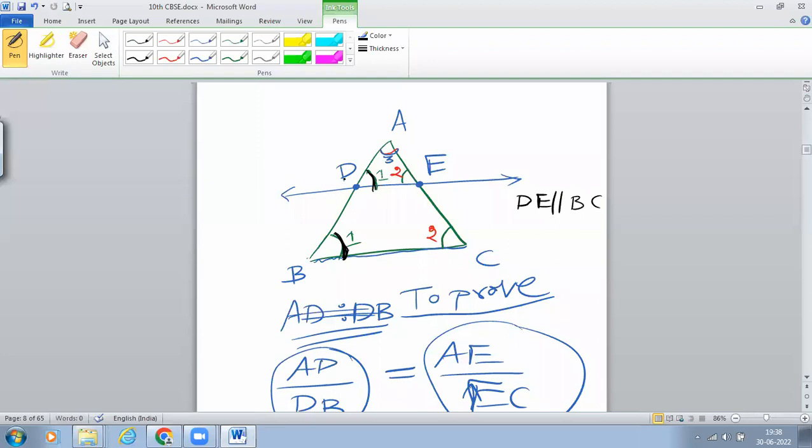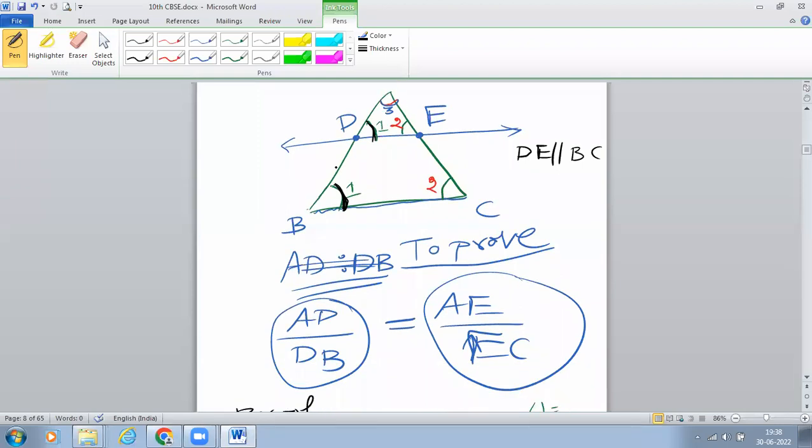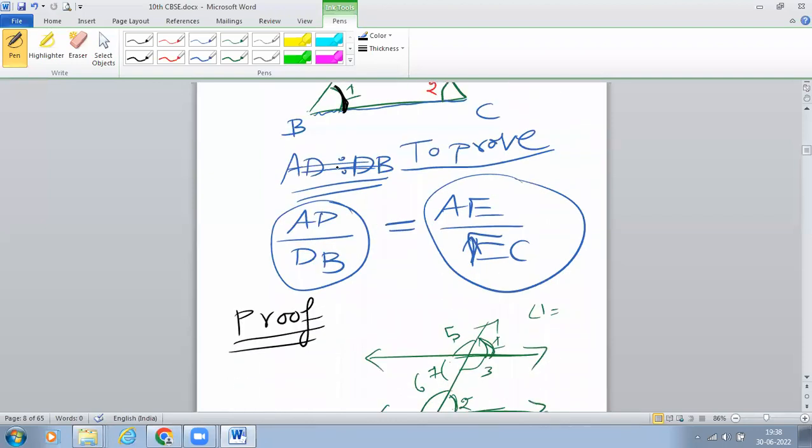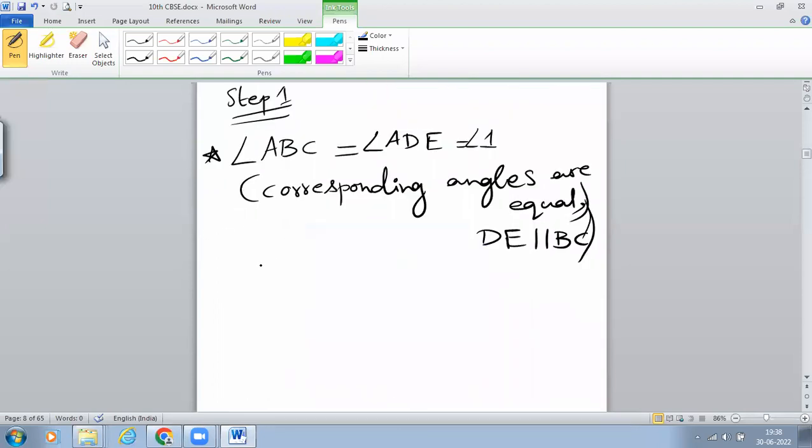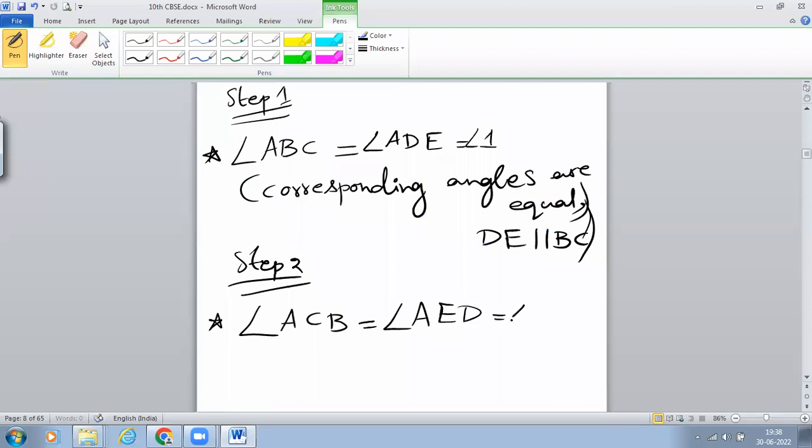Do you want me to explain it again? No, sir. Okay. Now, step 1 you have understood. So now listen carefully, it is very, very important. Next is step 2. Now write angle ACB is equal to angle AED, which is mentioned as angle 2.